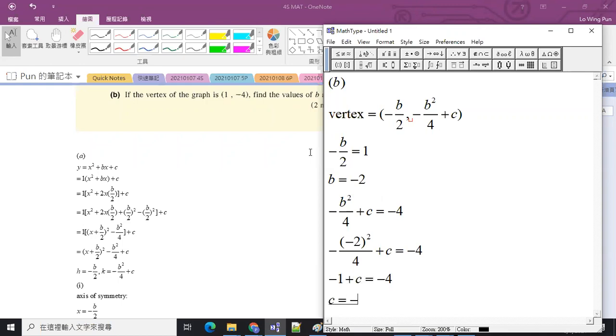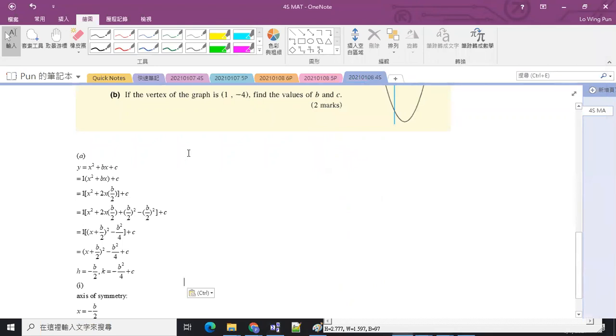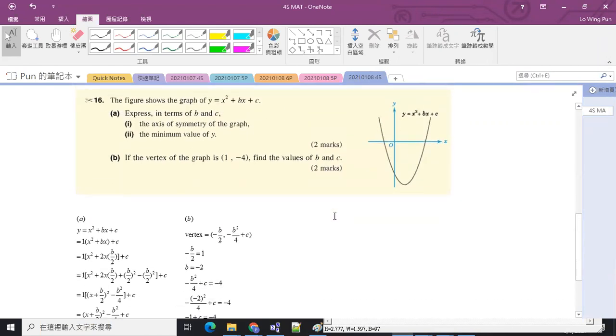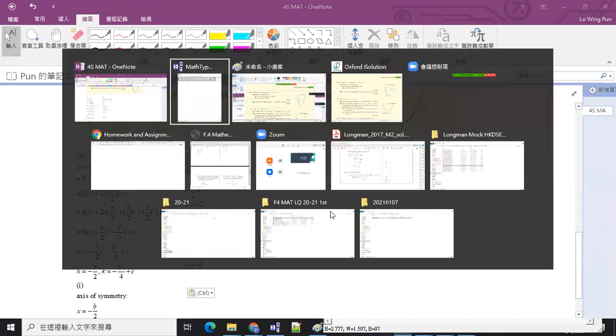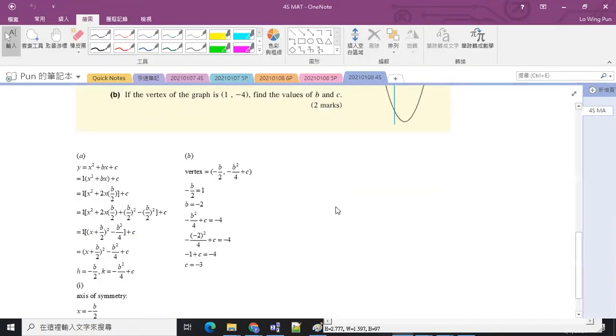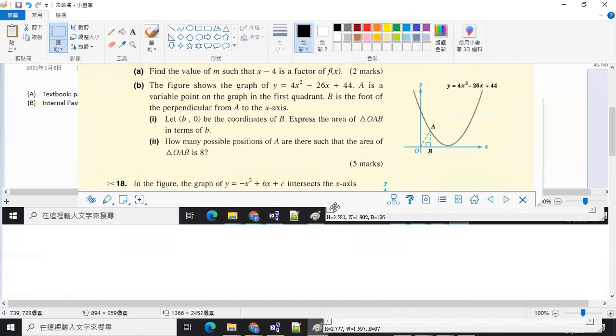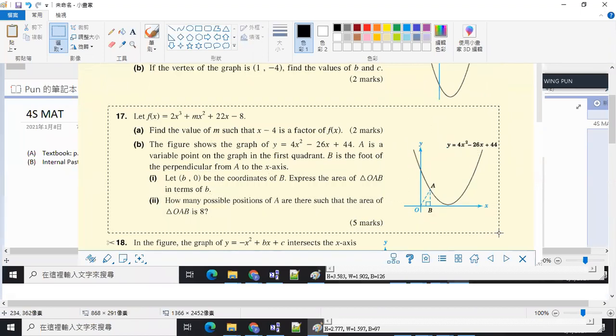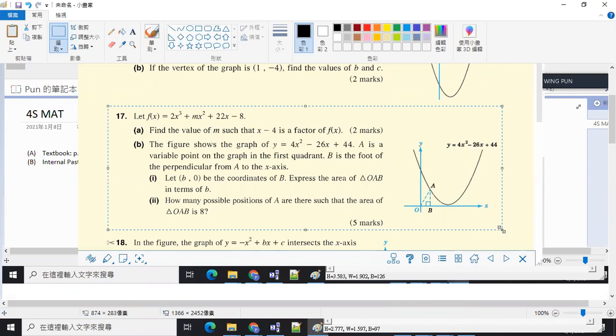So C is equal to -3. That is how we can find the values of B and C. Can you get this? Okay, 都幾簡單喎。好，得唔得？有冇圖跟唔到呢度？好嗱，跟住試下睇一啲長啲嘅題目啦。Number 17.